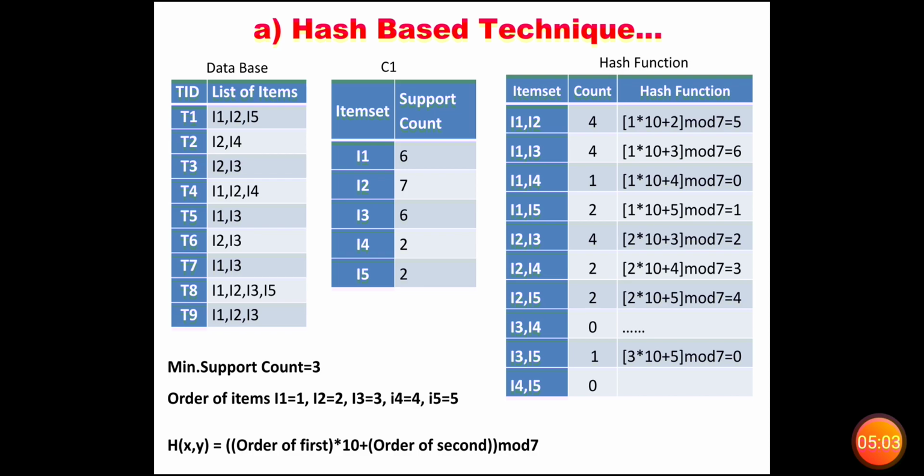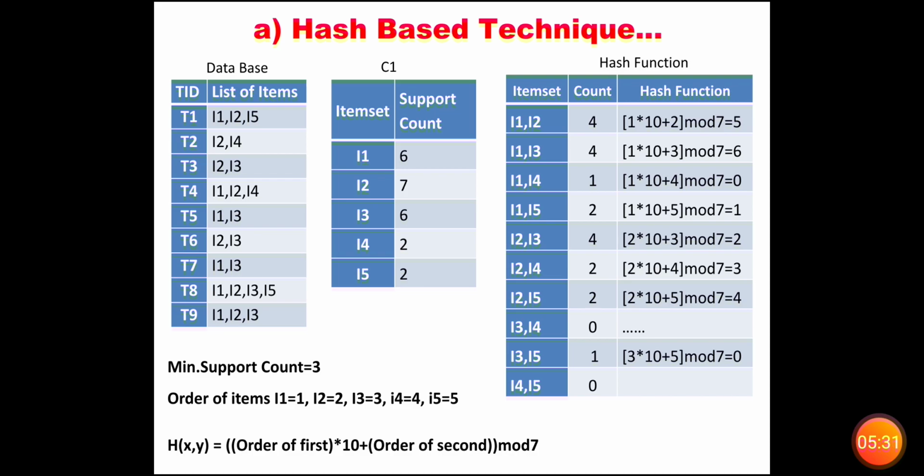For example, I1 occurs 6 times in the base table, I2 occurs 7 times, I3 6 times, I4 2 times, I5 2 times. These are all support counts taken from the base table.